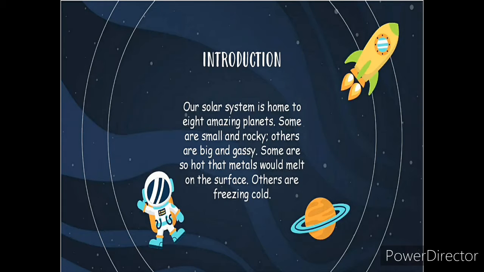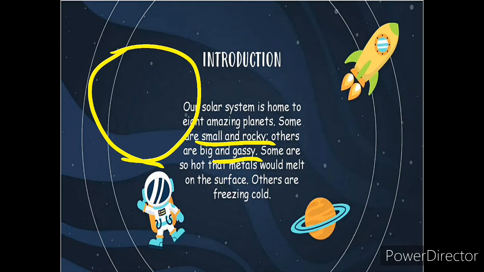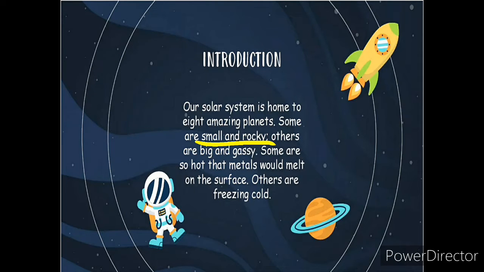These amazing planets are different. Some are small and rocky, others are big and gassy. Some are so hot that metals can melt on their surface, and some are freezing cold.